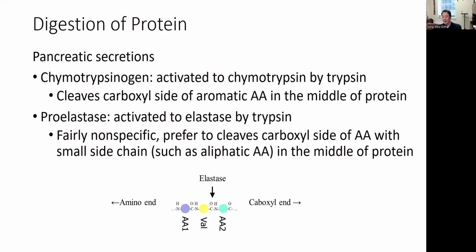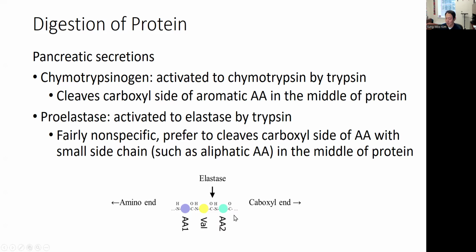So what are the aliphatic amino acids? Those are glycine, alanine, valine, isoleucine, and leucine. Those 5 amino acids, we call aliphatic amino acids.